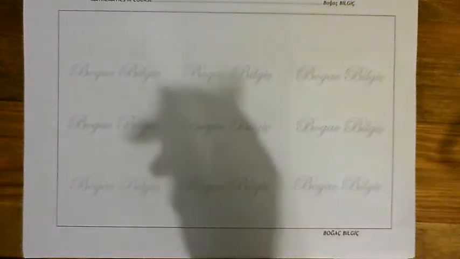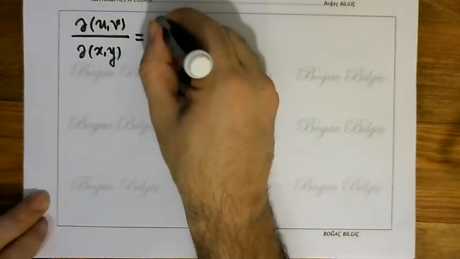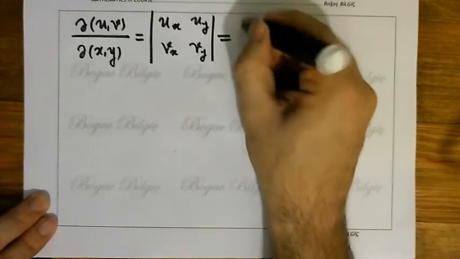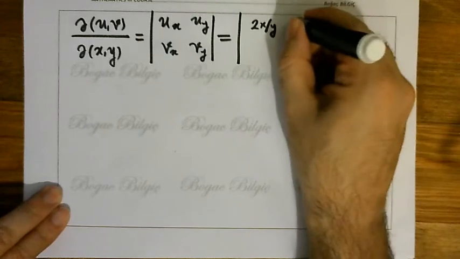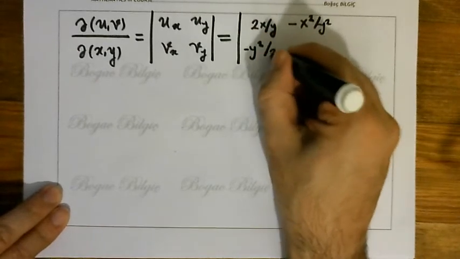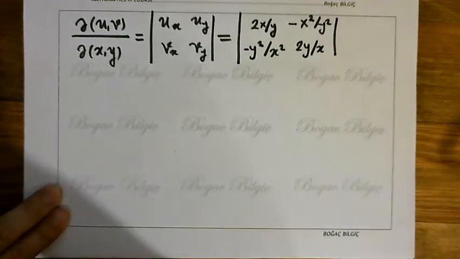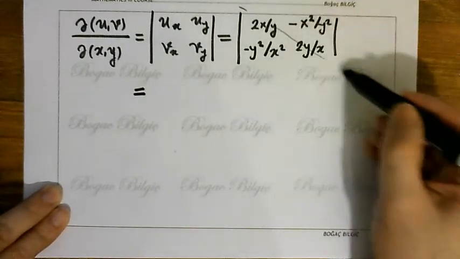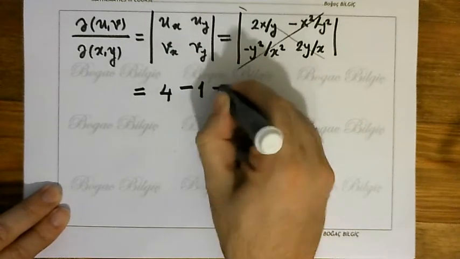The inverse Jacobian, del u v over del x y, is the determinant of u_x, u_y, v_x, v_y: 2x divided by y, minus x square divided by y square, minus y square divided by x square, 2y divided by x. The determinant is 4 minus 1, which is equal to 3.